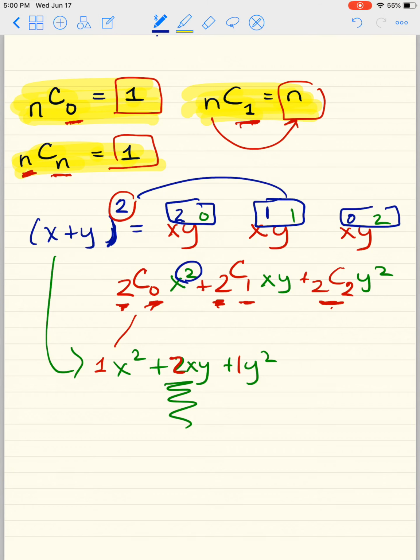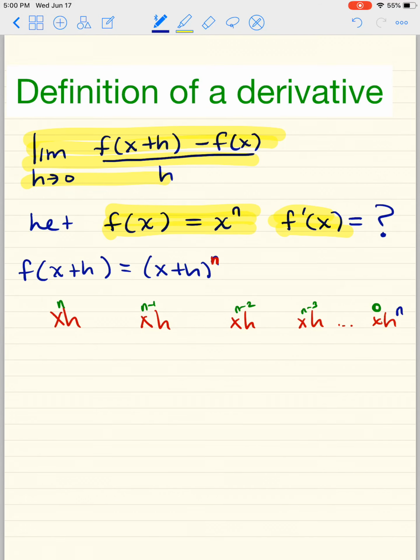And now I need those choose coefficients in front of them: n choose 0 plus n choose 1 plus n choose 2 plus n choose 3 plus all the way to n choose n.